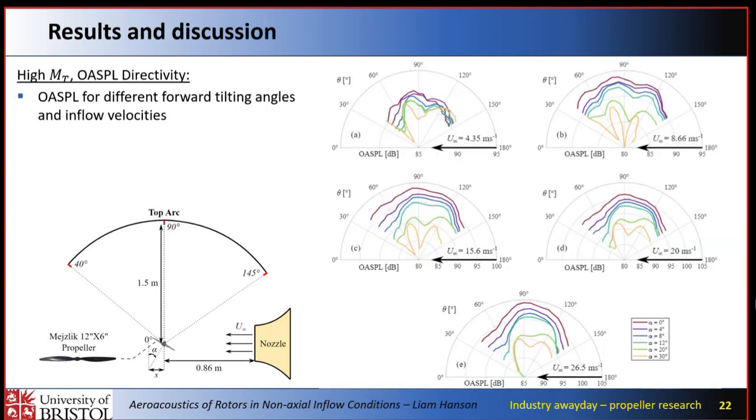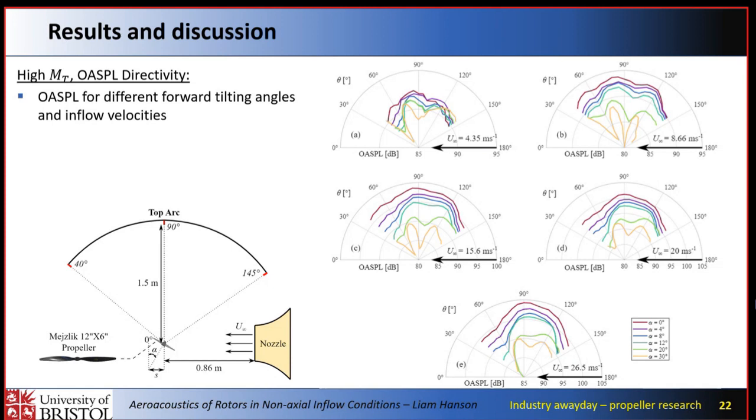So overall, what effect does that have? Well, I've got the overall sound pressure level here. Just to remind you, that's the integration across the noise spectra, across the frequency range. In the top left here, it's 4.35 meters per second, close to static. Not too much of a difference there in terms of overall sound pressure level.